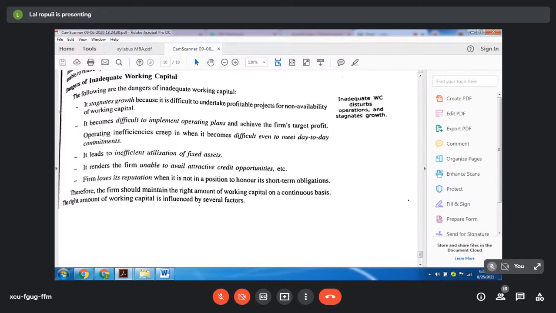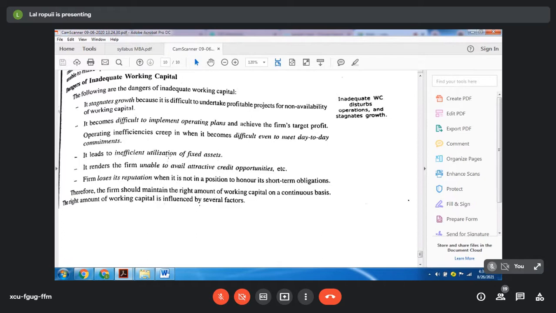So operating inefficiencies creep in when it becomes difficult even to meet day-to-day commitments. Because if you could not meet the demand of the customers, or operate your plants, operating inefficiencies come in.